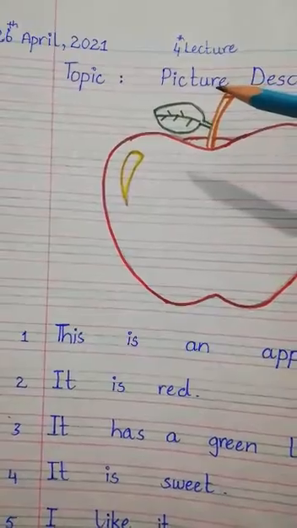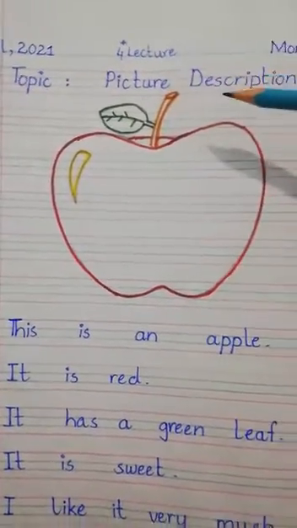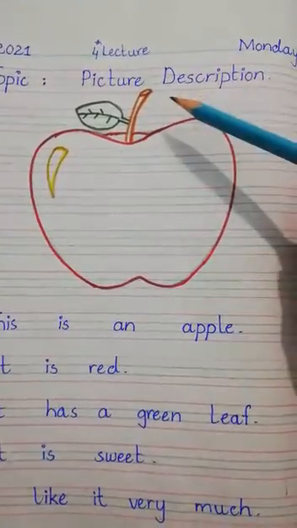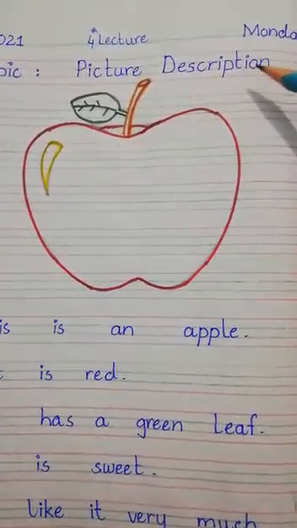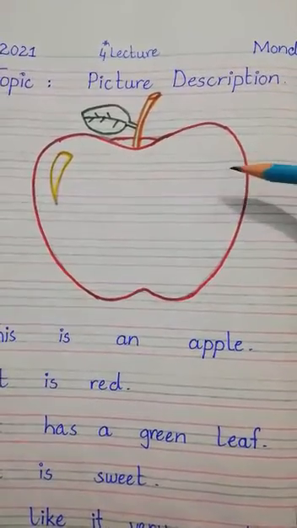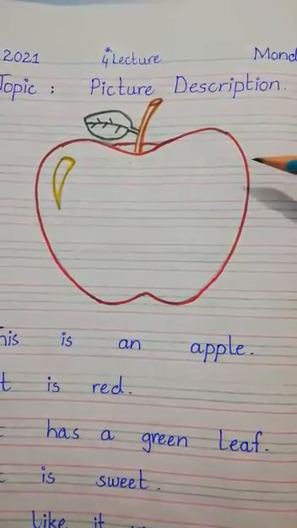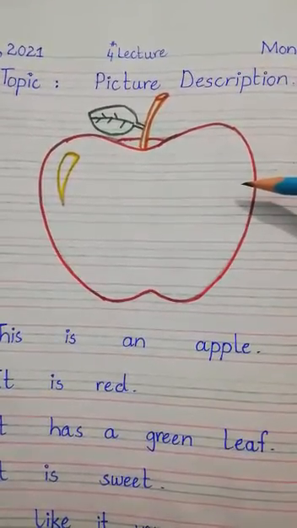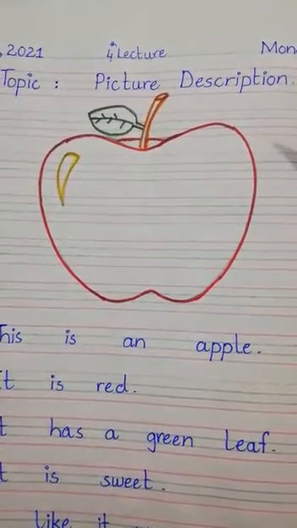Here you will write lecture number 4. Which lecture? Lecture number 4. And here you will write the day. What is the day today? Monday. Very good. Here you will write topic. And the name of the topic is picture description.